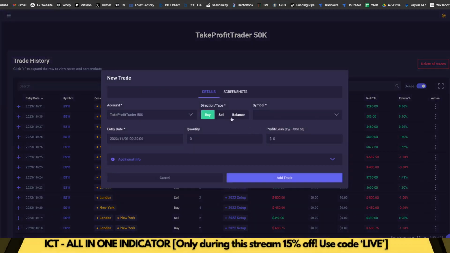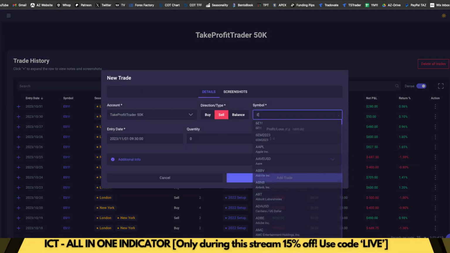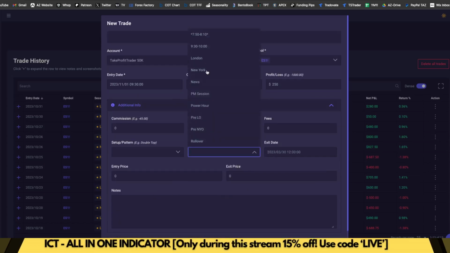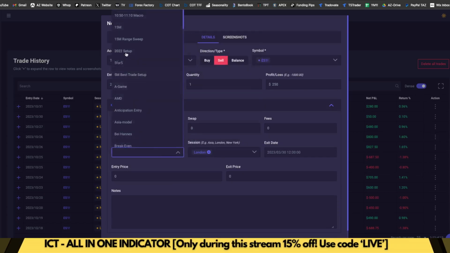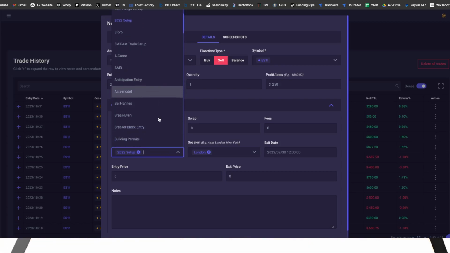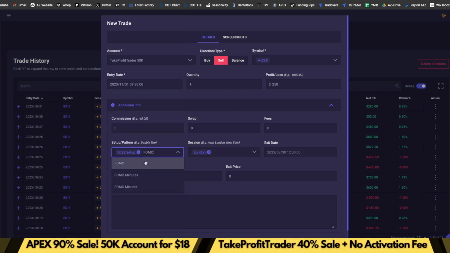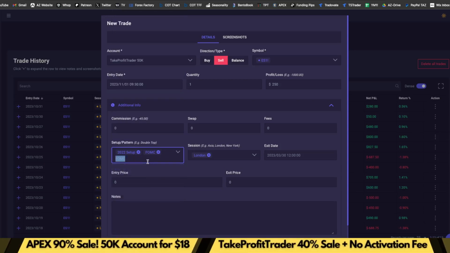Let's add the trade. We went short on ES1. We used one contract, 250, during the London session. 2022 setup. And I'm also gonna add the FOMC tag to it.